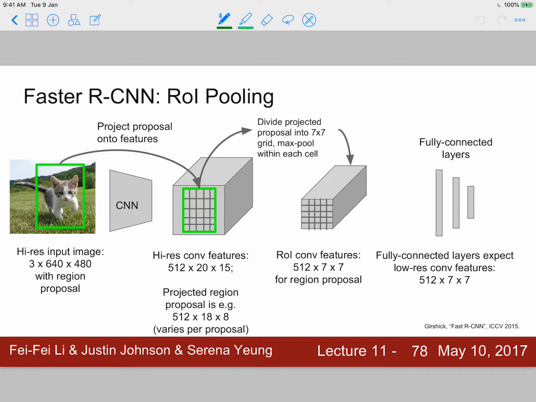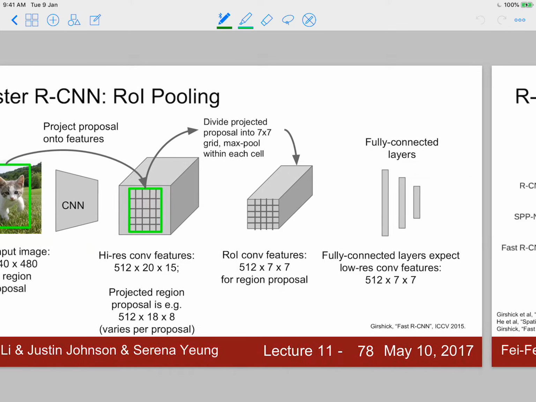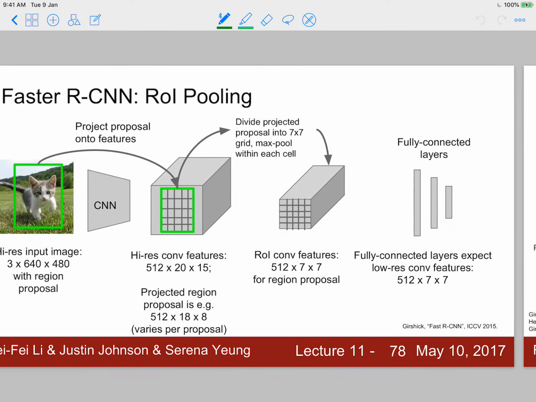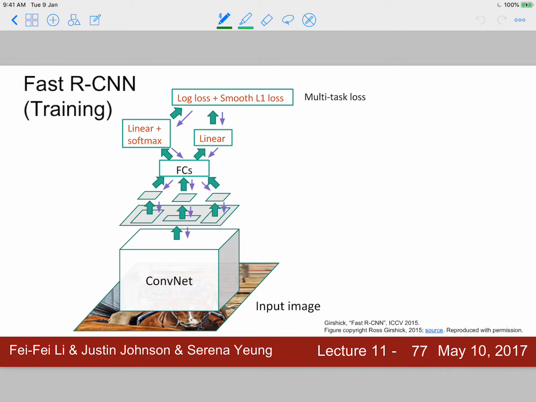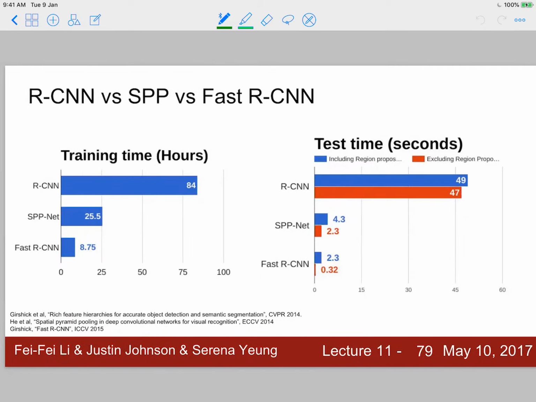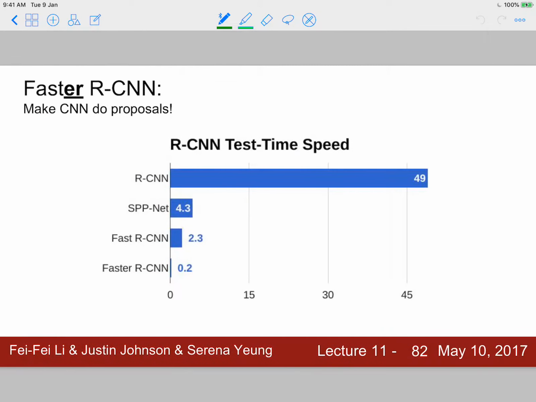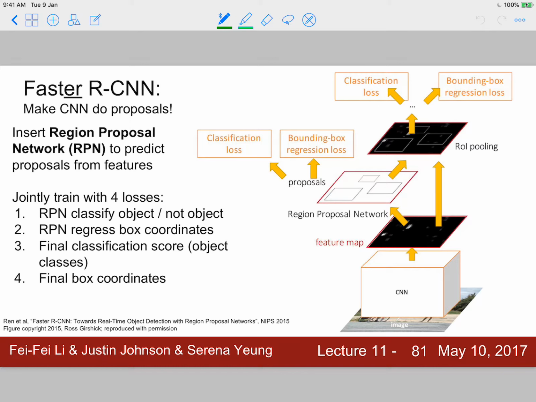And then what's the difference between fast and faster RCNN? In the case of fast RCNN, obtaining the candidate regions out of our image is done by a separate region proposal method, right?